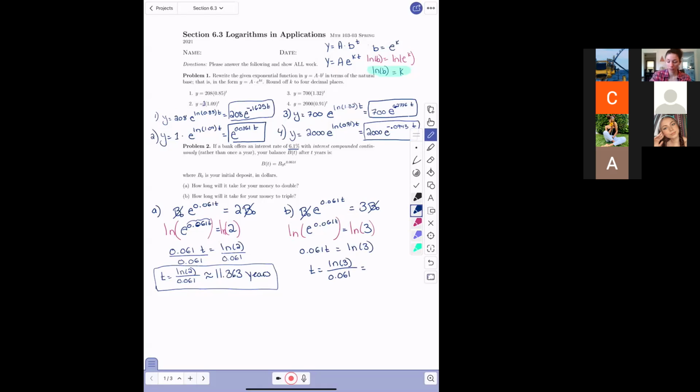The natural log of 3 divided by 0.061 is about equal to 18.01 years. Any questions on this first page?